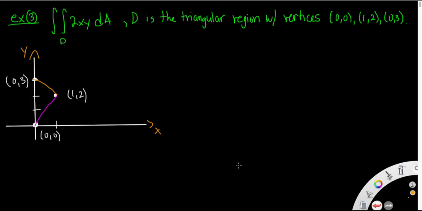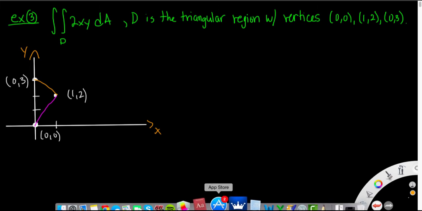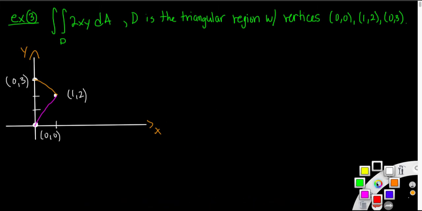Okay, so what would be more appropriate is the question, vertical strips or horizontal strips? Now, if we did horizontal strips, it looks like we would need to do two integrals at the same time.